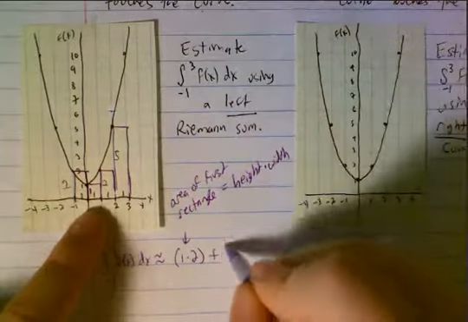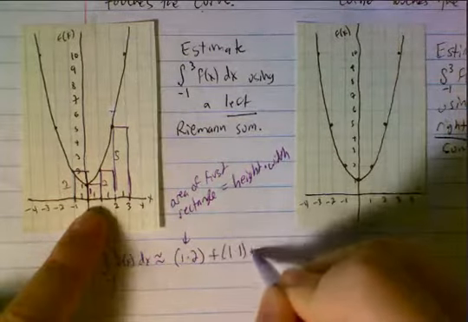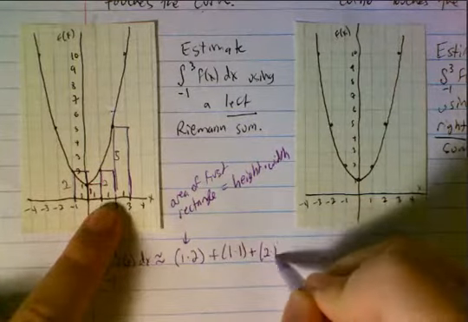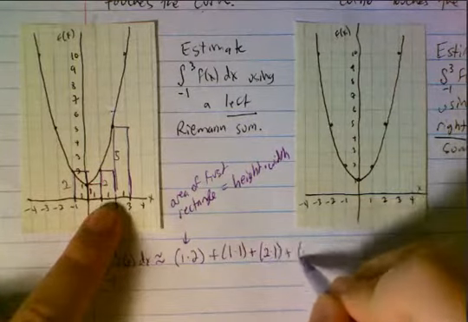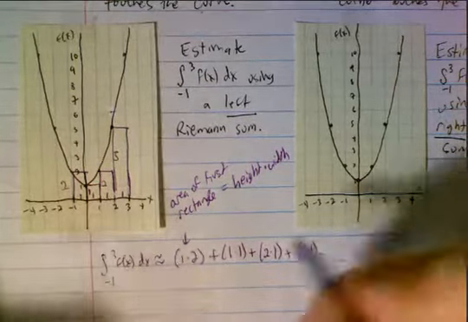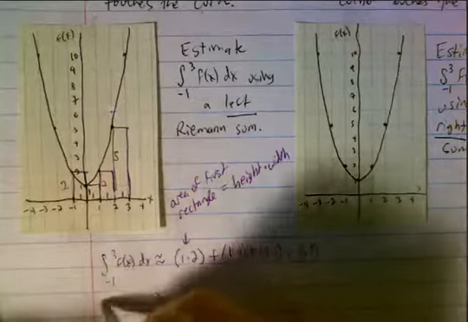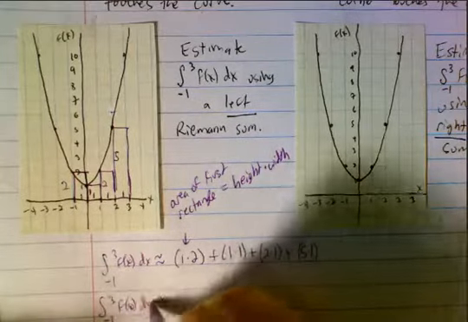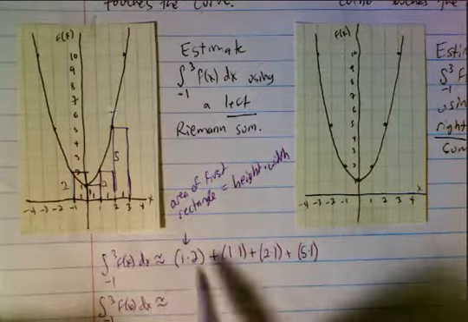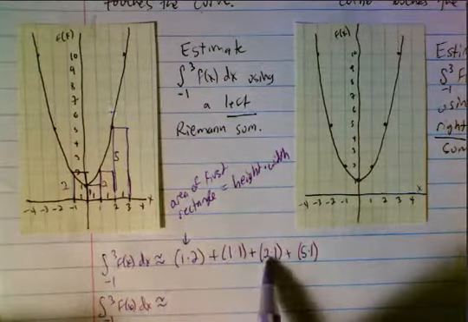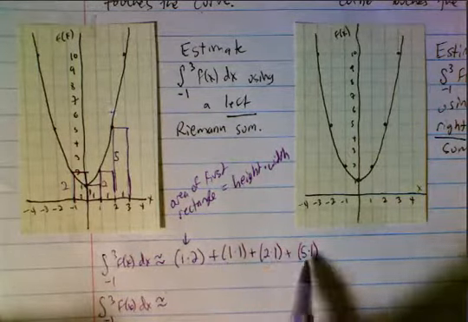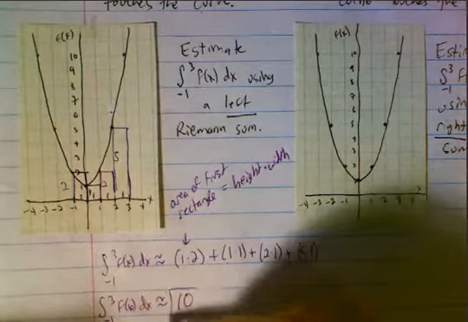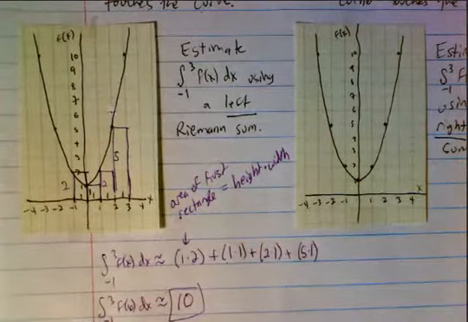Then I'm going to add the area of the second rectangle plus the area of the third rectangle plus the area of the fourth rectangle. So my answer is that all of this approximately equals, when I add these up, 2, 5, 5 over here, 10.